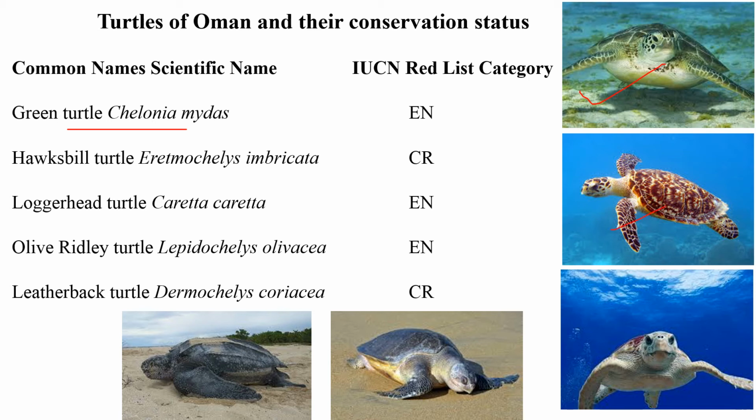Hawksbill is also found in the coral reef ecosystem, and you can find loggerhead, olive ridley and leatherback, which come for nesting in the Ras Al Hadd region very often. But all five species of turtle are endangered: green turtle endangered, hawksbill and leatherback critically endangered, and loggerhead and olive ridley endangered.